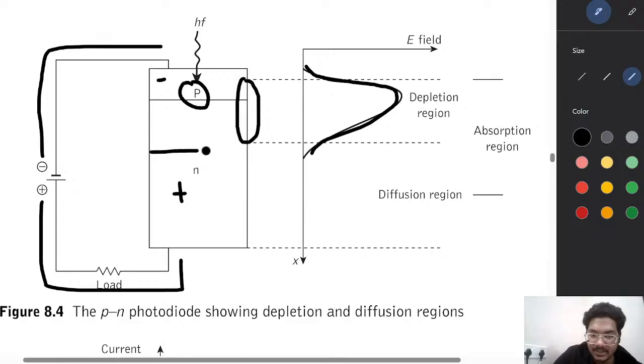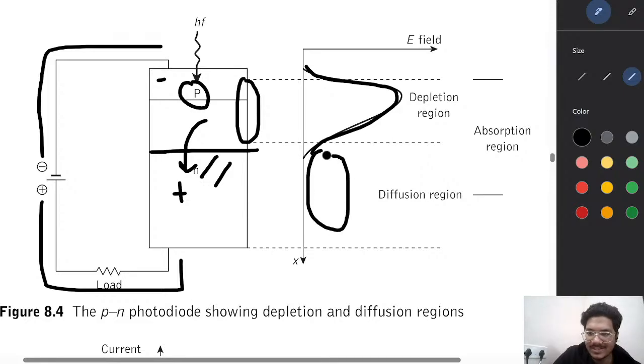The diffusion region is the lightly doped neutral area outside the depletion region, with zero electric field. There is no strong electric field there. Carriers move by diffusion.